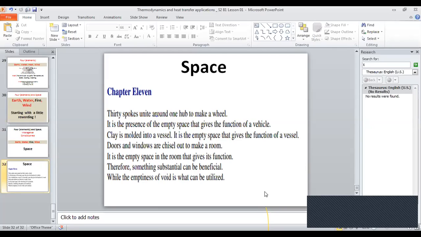Yeah, space is number one. So, engine design, of course, space plays a key role. Vehicle design, architecture, space plays a key role.